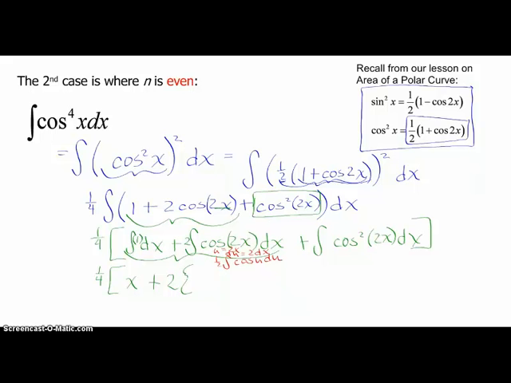So I definitely can find the antiderivative there. That is 1/2. What did I take the derivative of to get positive cosine? That was positive sine. And instead of writing u, I know right up here that u is 2x, so I'll go ahead and just put 2x in there. And there's the antiderivative of that integral. So I already know how to do that.